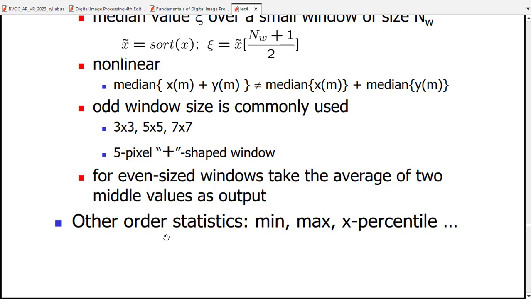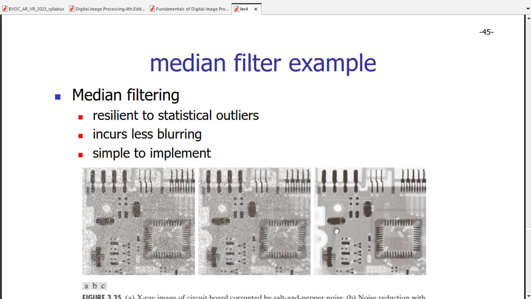Other order statistics are minimum, maximum and percentiles. These are other types of non-linear smoothing filters. Median filtering is resilient to statistical outliers, yields less blurring and is simple to implement.